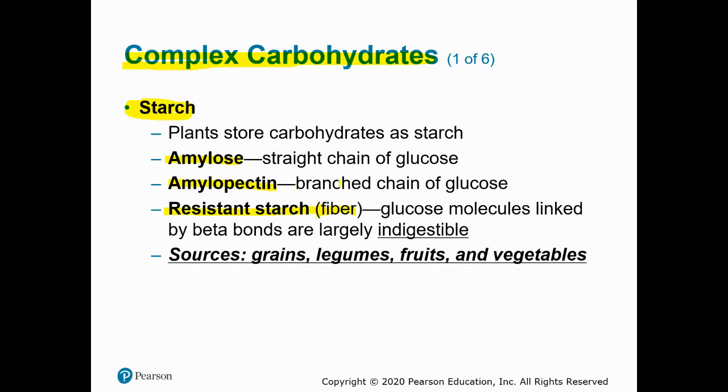The reason resistant starches are more like fiber is because they're largely undigestible by humans. We introduced in chapter 3 that the bacteria that live in our intestines, the microbiome, can digest fiber. The symbiotic bacteria do. That's part of the symbiotic relationship we have with these bacteria: humans can't digest fiber, but the bacteria can.